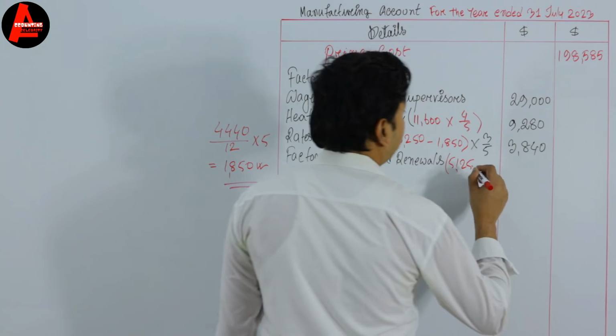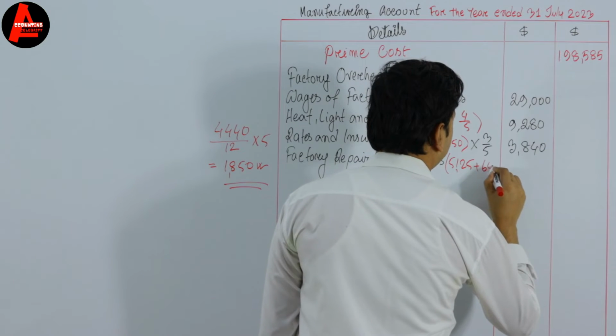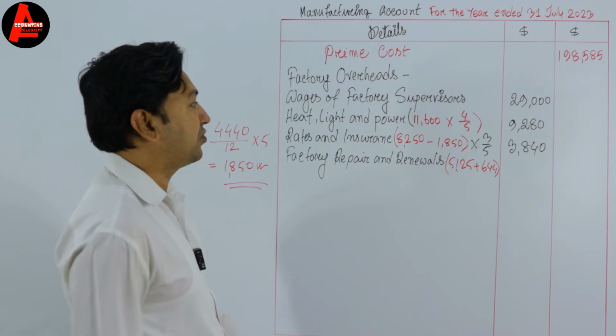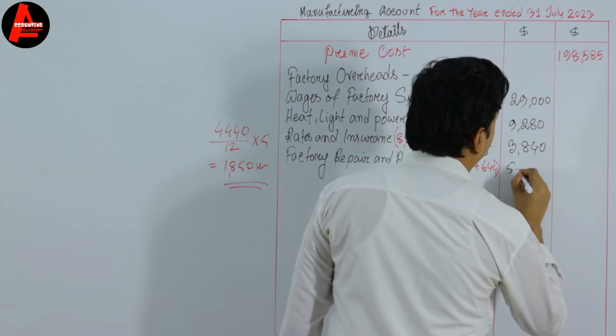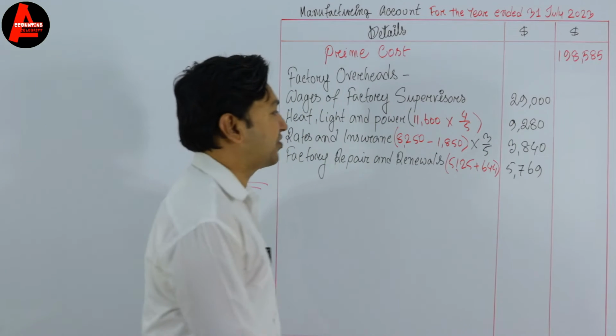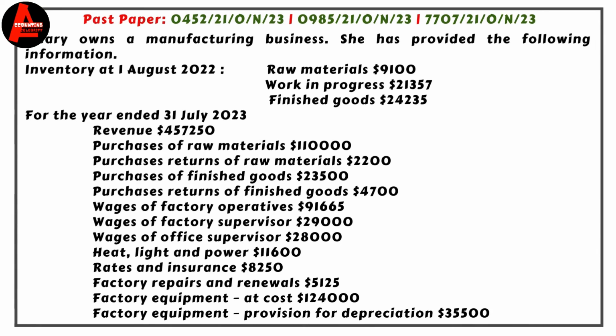Now we will add here 644. So now if we sum up these two amounts, we get here $5,769. Okay, great.